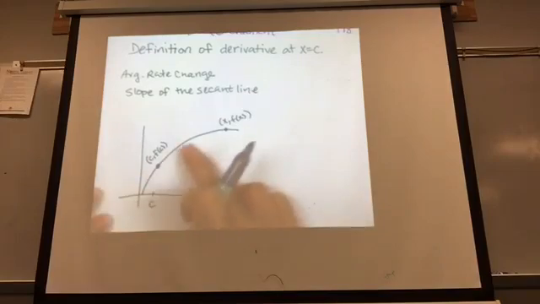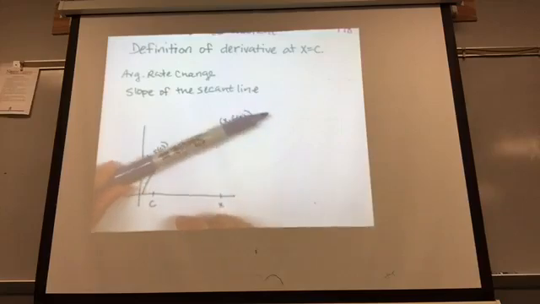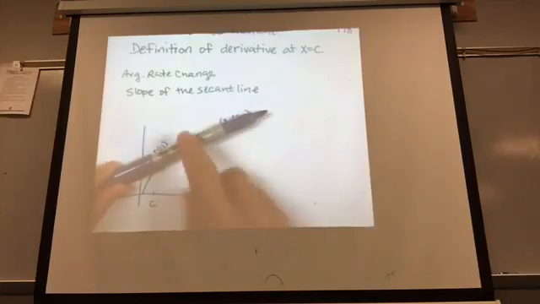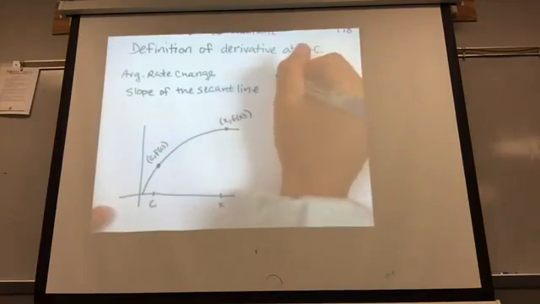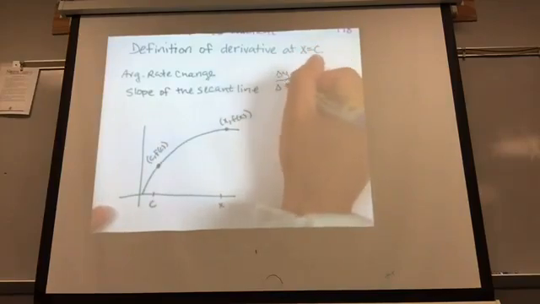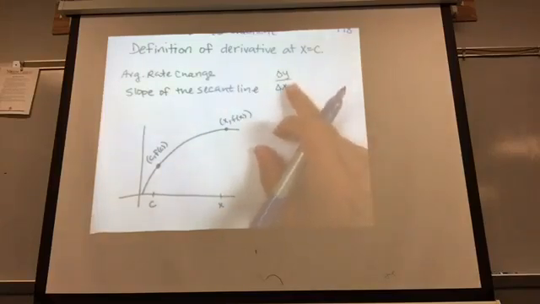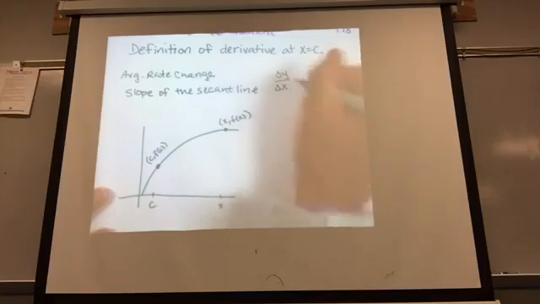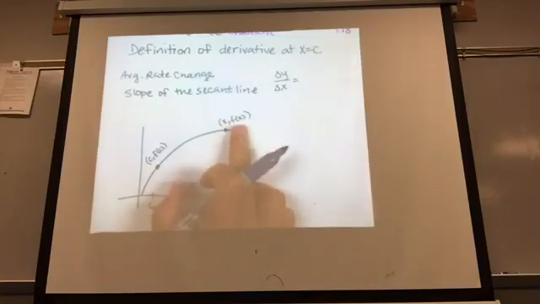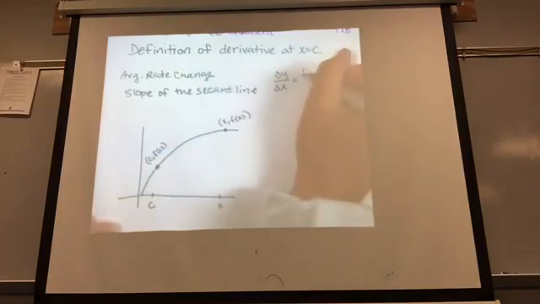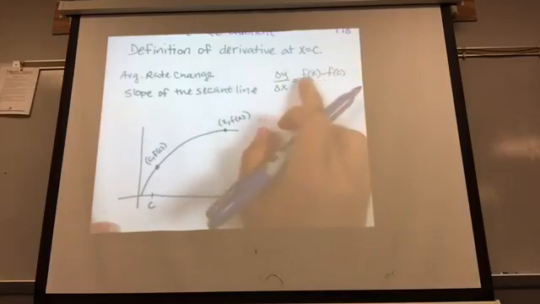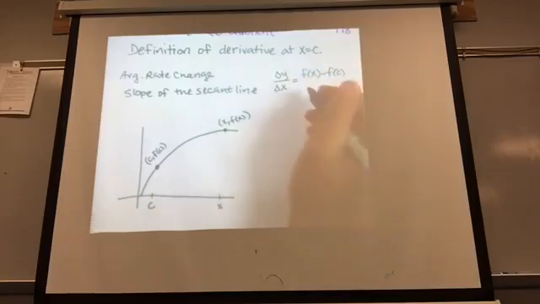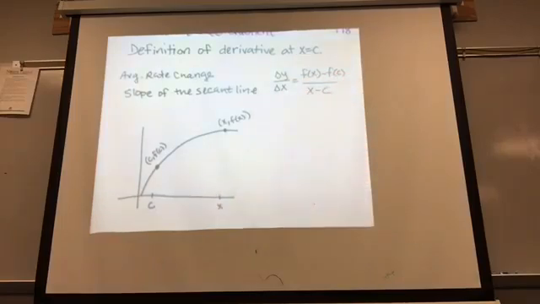My secant line, if I drew a line through those points, would give me the average rate of change. That's the change in y over the change in x, another way to notate rise over run. The delta triangle means change. Then our formula would be f of x minus f of c over x minus c, which we have seen as y2 minus y1 over x2 minus x1.